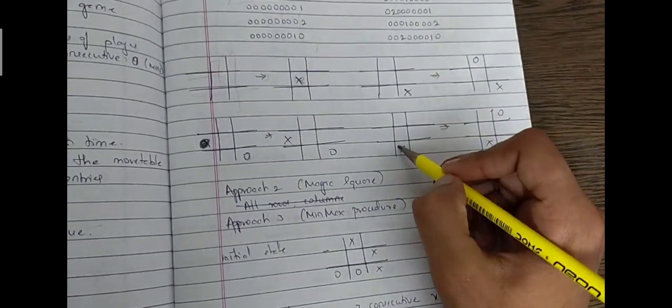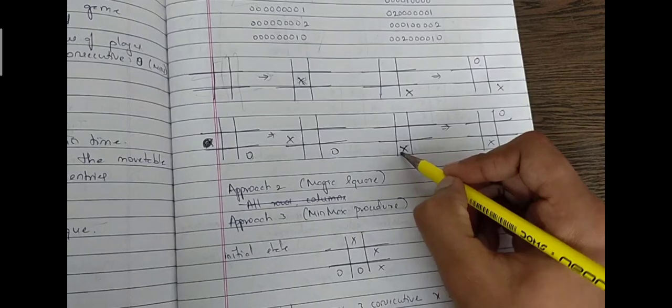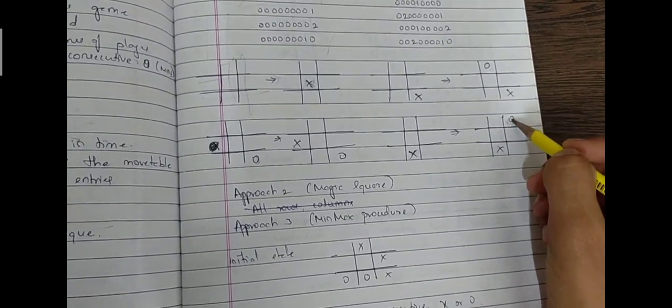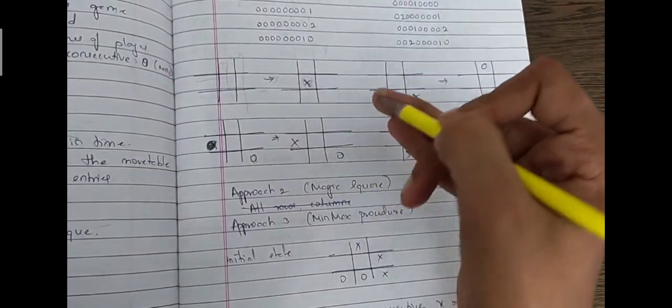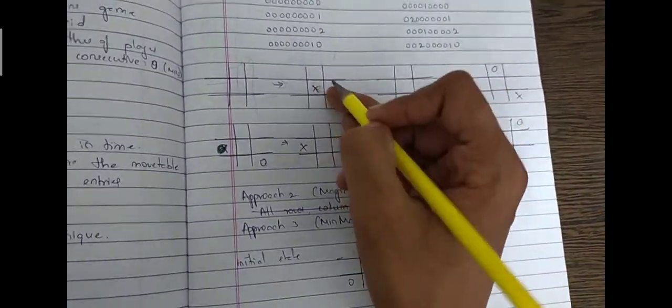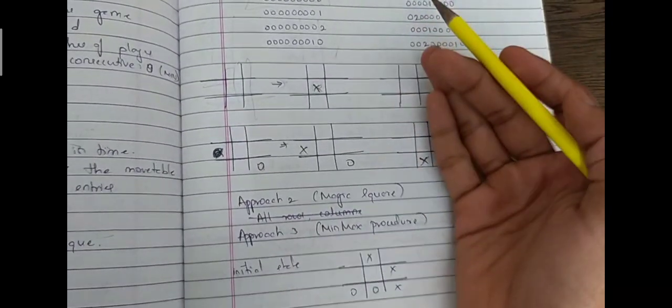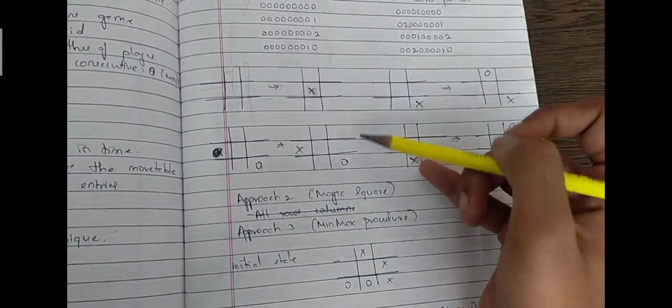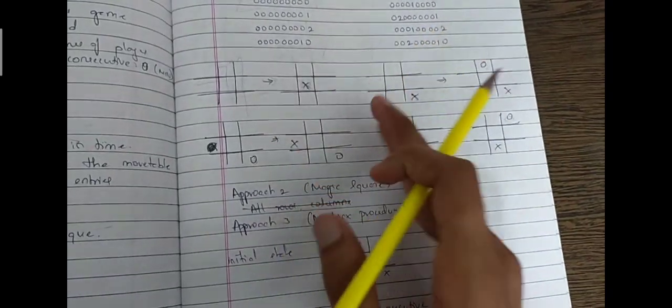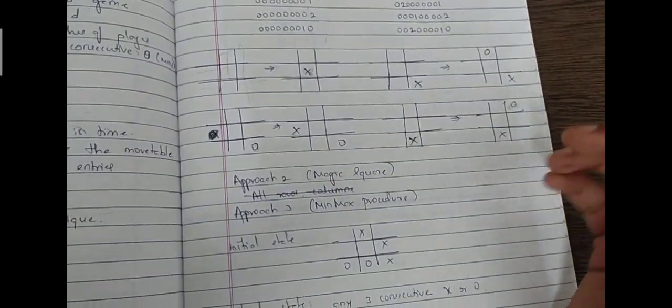And the fourth is here. If the first person marked X here, then the second person will mark 0 here. Like this, if the first person chooses a significant position, then the other player will look for another place where he can link horizontally, diagonally, or vertically the same symbol that he has chosen, X or 0.